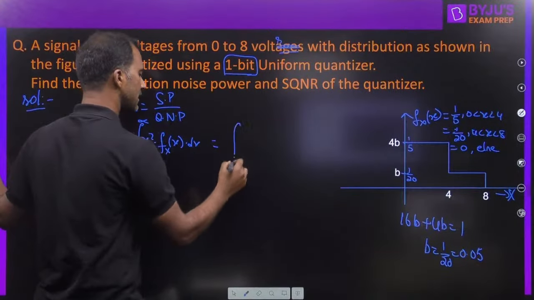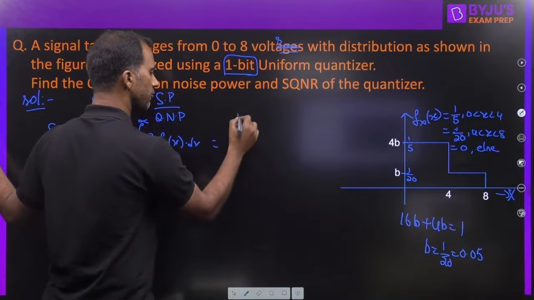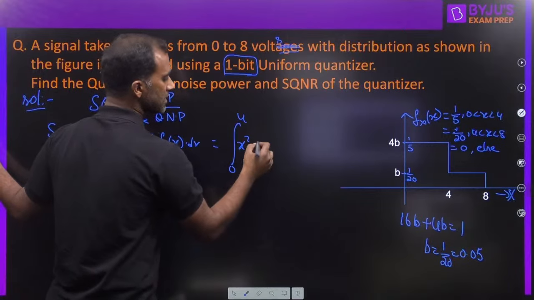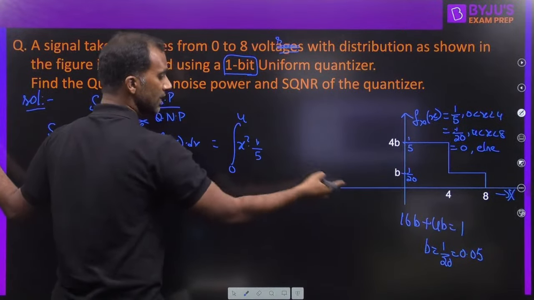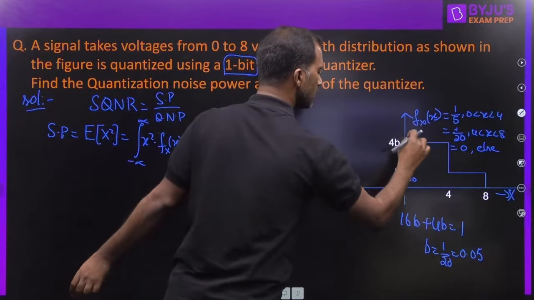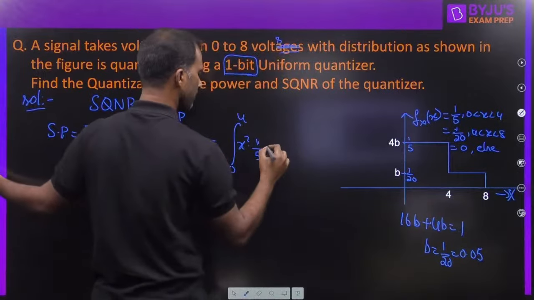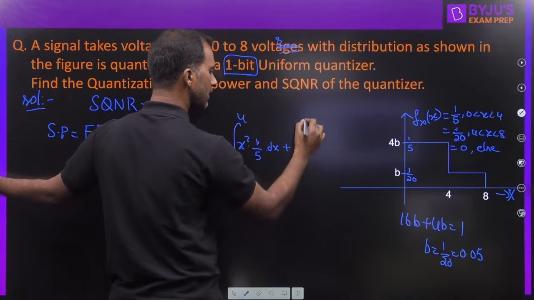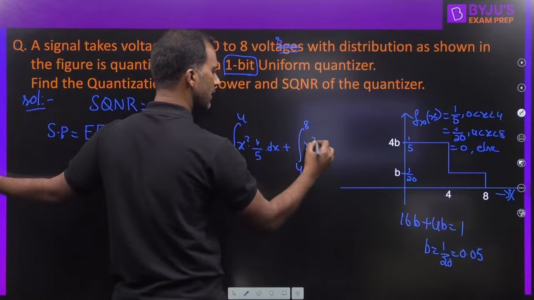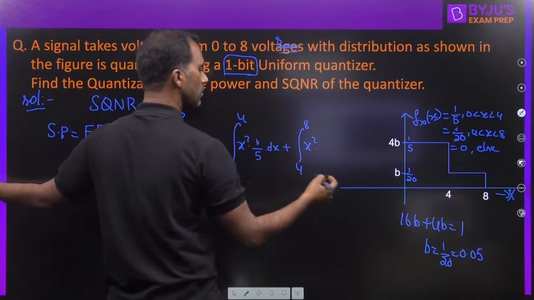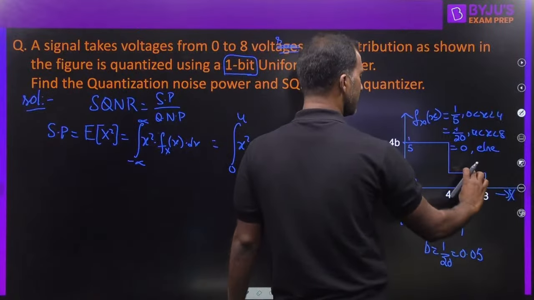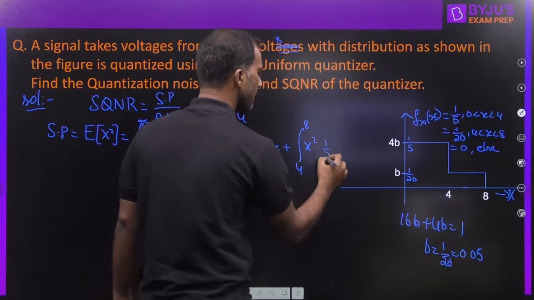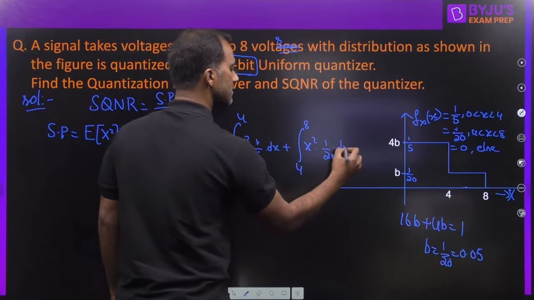Let's substitute that here. The equation is the integration from 0 to 4 of x square times fX(x), which is 1 by 5 only in the limits from 0 to 4, dx, plus, in the limits from 4 to 8, the height of the PDF is 1 by 20, so 1 by 20 dx.